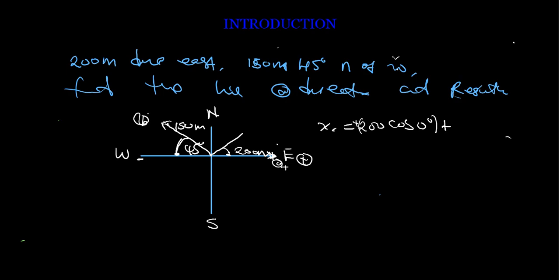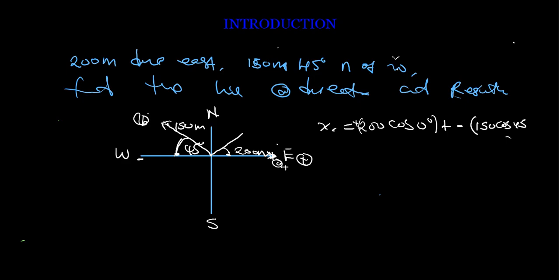So for the x component of this vector, 150 cos 45. Remember, this 45 is from the x-axis, so measure from the x-axis from where you are given.